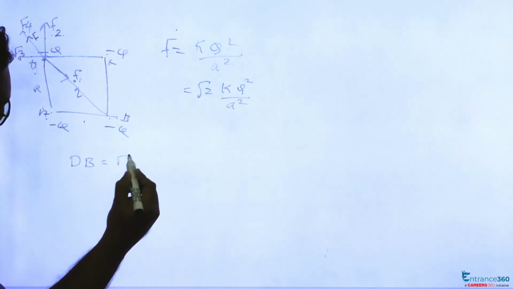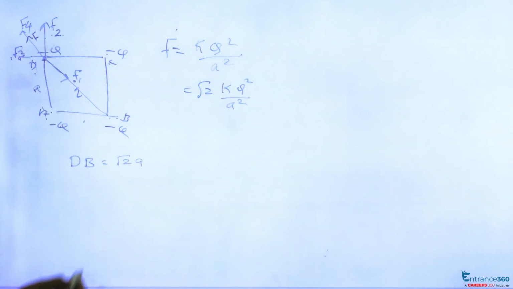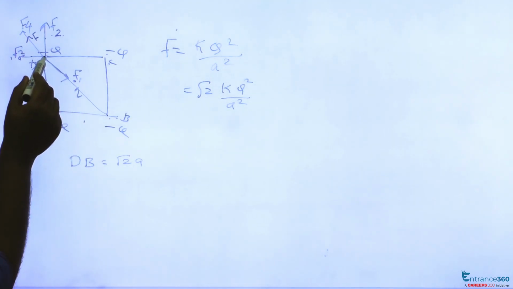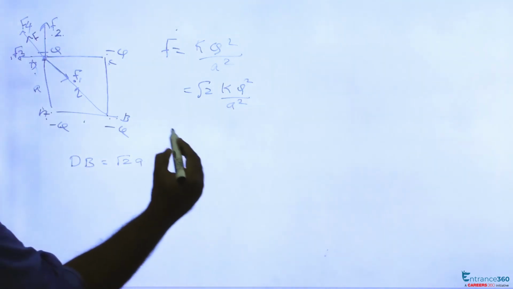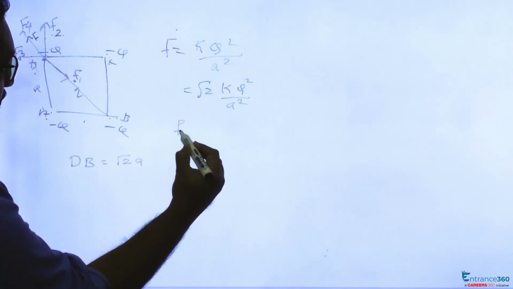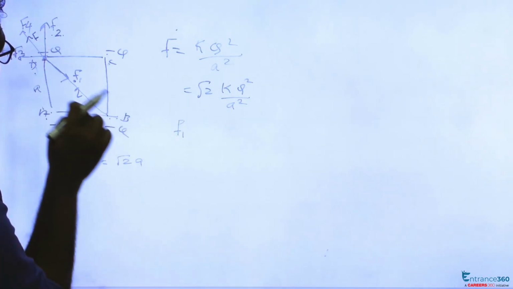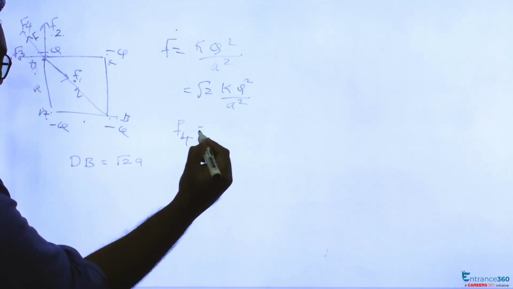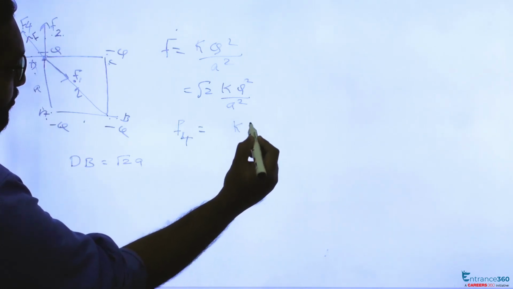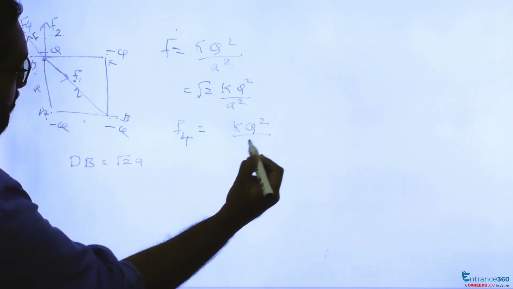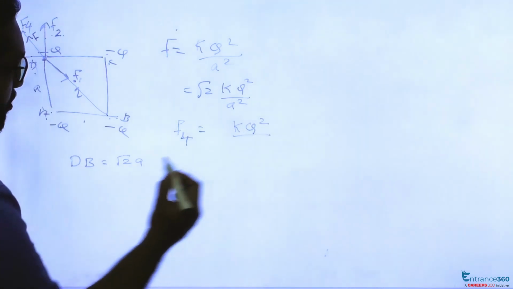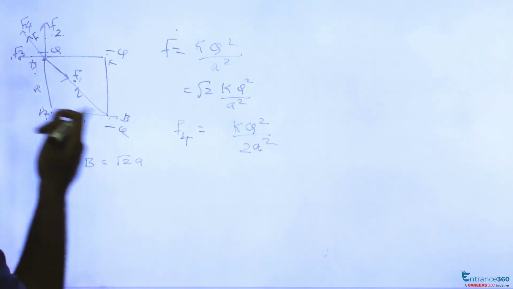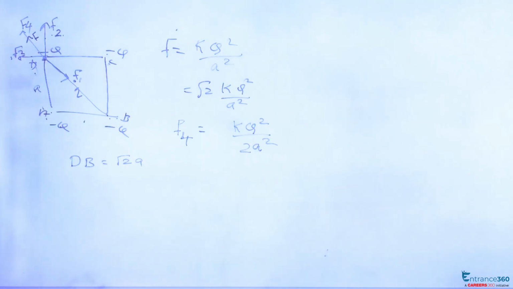So the force due to the charge at B on the charge at D, represented by F4, equals K Q square by root 2 A whole square, which will be 2A square. This is F4.